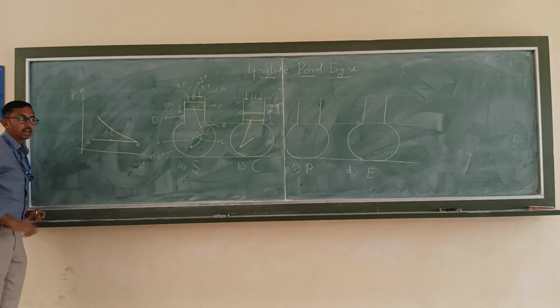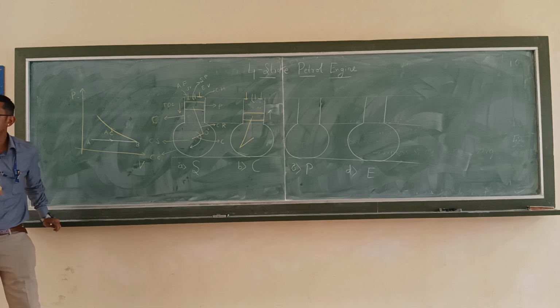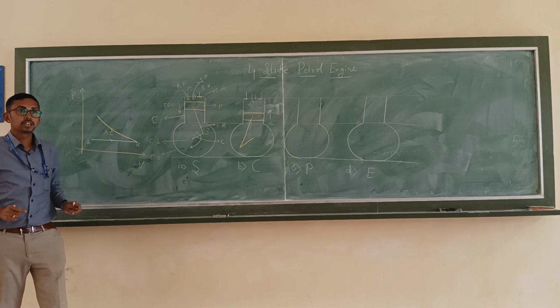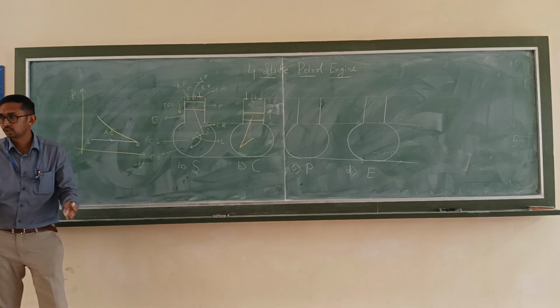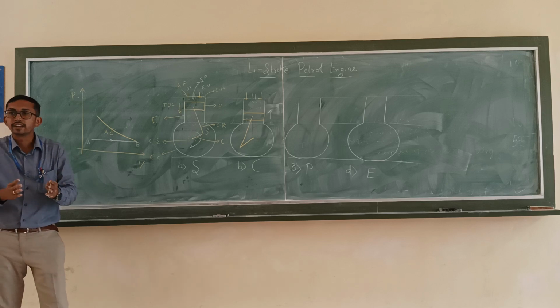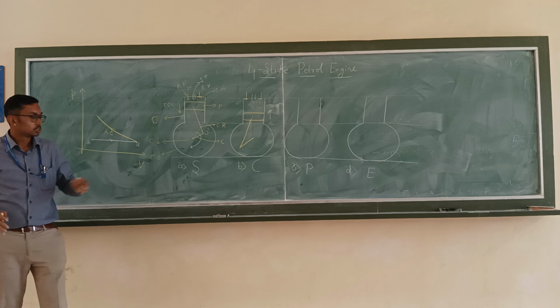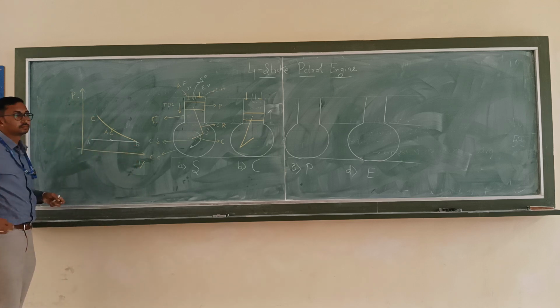Adiabatic compression. Have you heard about adiabatic? In your second year and chemistry and all, you heard about adiabatic. That means there is no exchange of heat from the system. That's why it is called adiabatic compression. We are compressing the fuel.